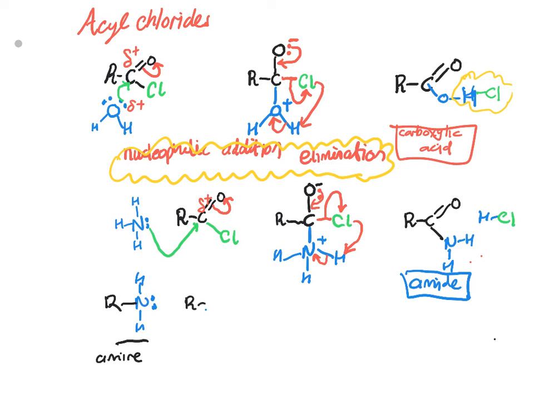There's our acyl chloride. Don't forget to put your dipole on there to show the very electron deficient carbon. And there's our chlorine. So the lone pair of electrons attacks the electron deficient carbon. As usual, pi bond breaks.